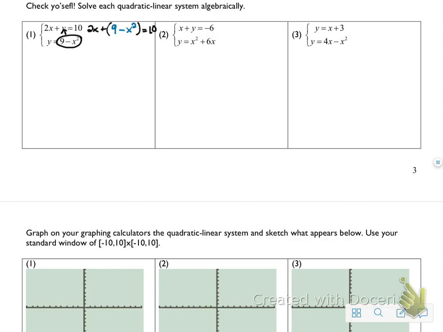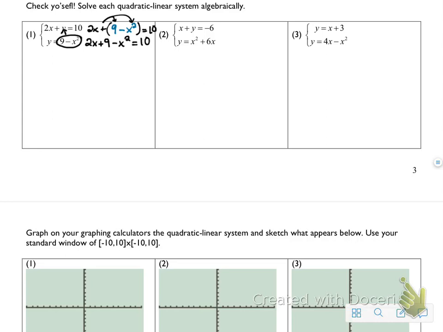And the easiest way to do this is to put it into standard form where it equals 0. Now, when you have a positive on the outside and you distribute it, nothing changes. So we get 2x plus 9 minus x squared equals 10. But we need to reorder this. So what we should probably do is go ahead and move everything to the right side.